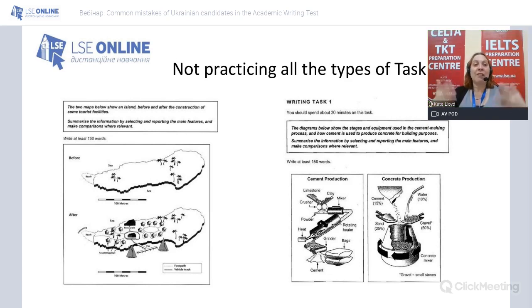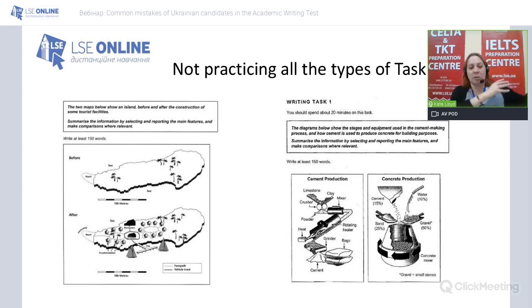We need more geographical language, to the north, to the south. We need language for development, so, well, be built, renovate, relocated. We need lots of extra language, and it's important that we practice all the different parts. So when we come to the test and when we sit down, we know exactly what kind of language we're going to need and we know exactly how to do it.